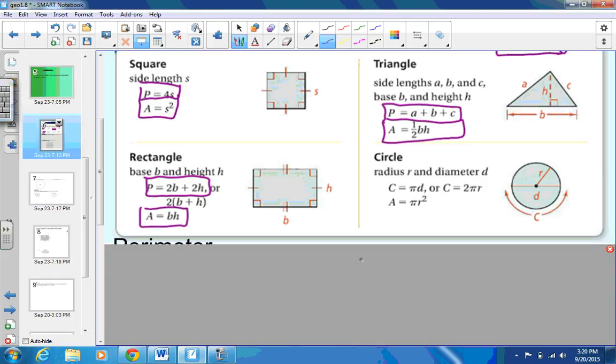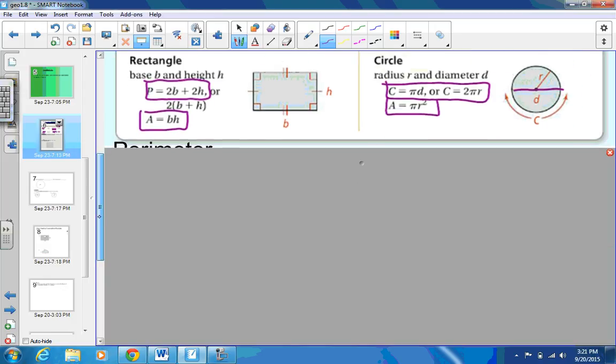For a circle, I'm not sure how you learned it, but to find the circumference, it's the diameter, this distance right here, this whole diameter, times pi, or it's 2 times the radius times pi. But the area of a circle is pi times the radius squared. So those 8 formulas you need to know for this section.